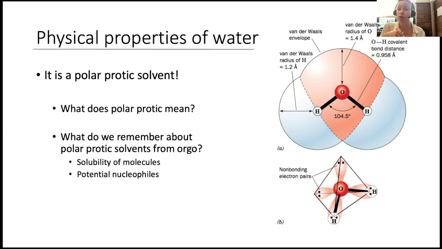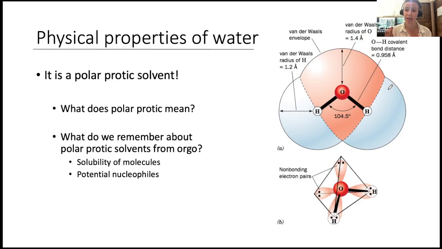What are some things that we should know about water? Well, of course, it is a polar protic solvent. That should mean something to all of us coming out of organic chemistry. The polar part matters for biochem, so does the protic part. So what does polar mean? If we look at this molecule of water here on the right hand side of my screen, you'll see that we have oxygen and two hydrogens.